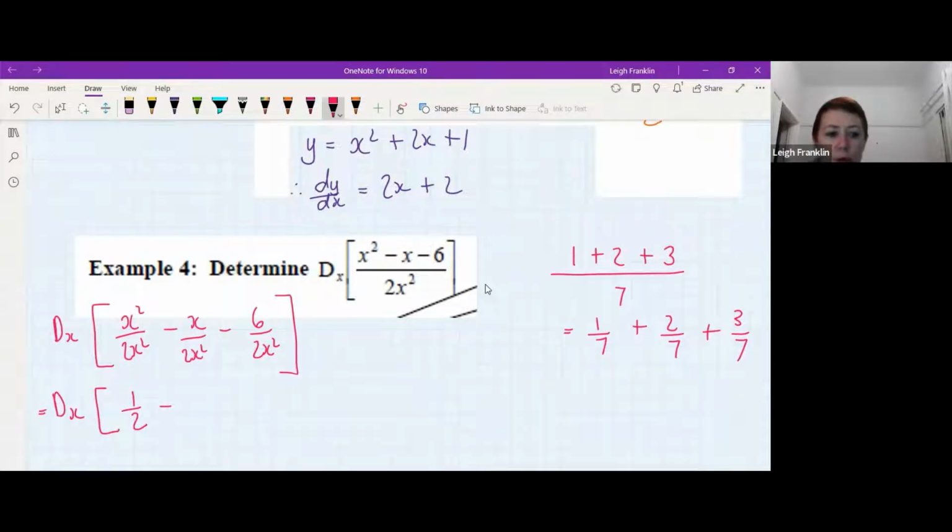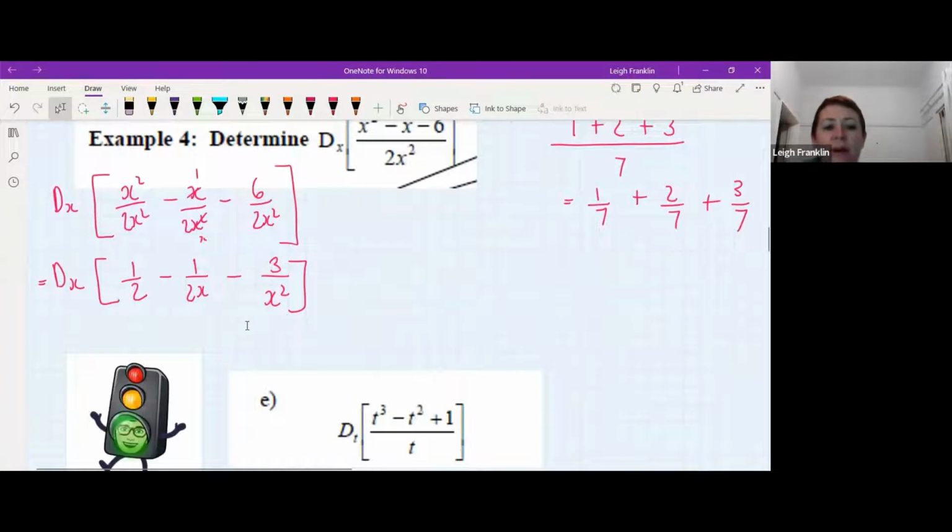The second term, I would end up with 1 over 2x, because x at the top would go into itself once and would go into the bottom x number of times. And then as far as this last term is concerned, 6 divided by 2 is 3, and that's 3 over x squared.